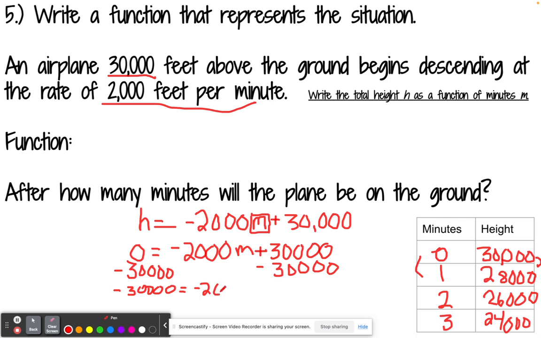Last step, I'm going to divide both sides by negative 2,000. And how long will it take this plane to land?